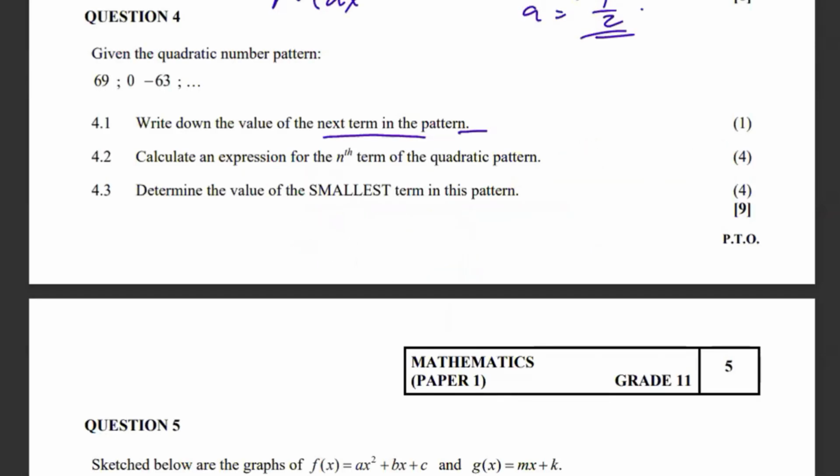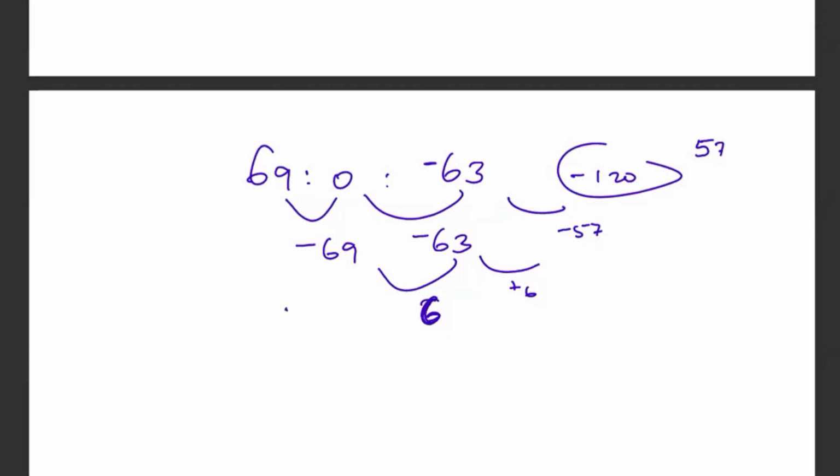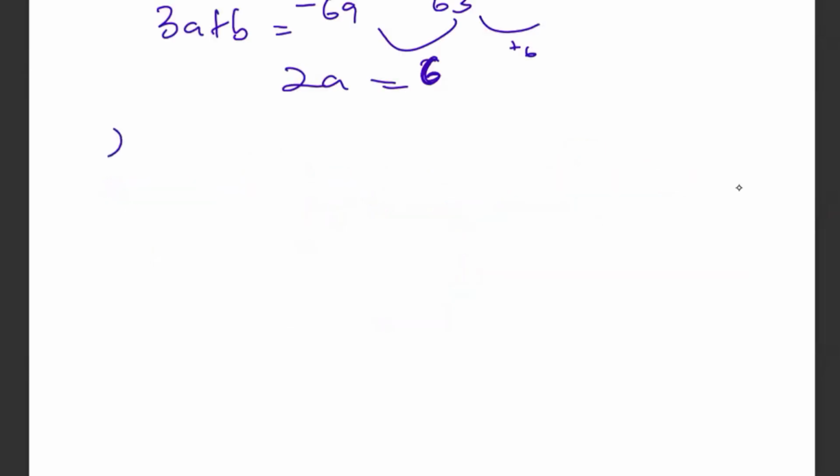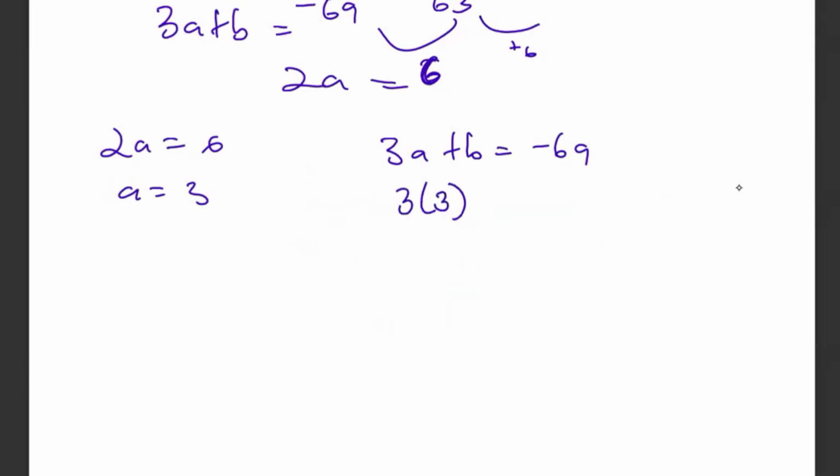Then the nth term. So with the nth term, 2a is equal to that, 3a plus b is that, a plus b plus c must be that. Then we do the application, meaning that a is 3. Then 3a plus b is negative 69. Let's replace a with a 3, that's going to be a 9. So b is going to be negative 69 minus 9, which is negative 78.